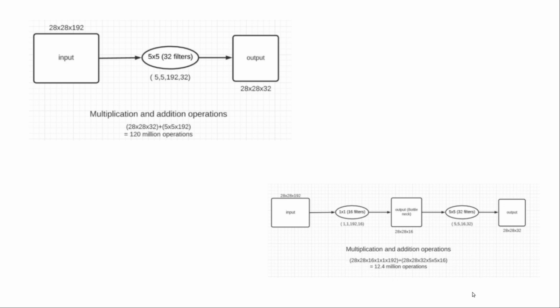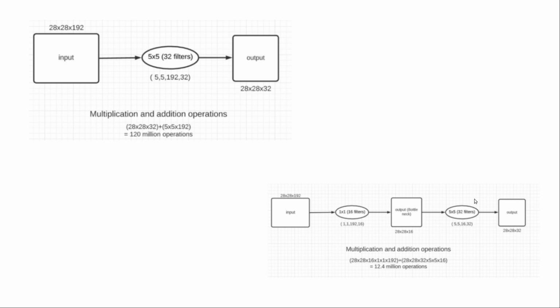If I calculate the total number of operations, it will be this calculation. First I have the calculation for the 1 by 1 operation, and then to that I will add the number of parameters for the second conv operation. For the first one, I will have 28 by 28 by 16 multiplied with 1 by 1 into 192, because the input image has 192 channels, so I need to multiply it 192 times these 1 by 1 kernels. So this is this calculation.